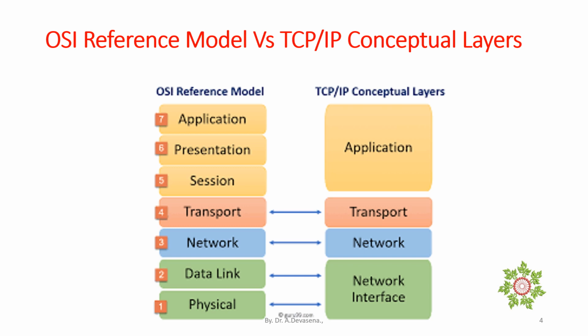Similarly, the network layer in the OSI reference model is analogous to the network layer in TCP/IP. The transport layer in the OSI reference model is analogous to the transport layer in TCP/IP, and the session layer, presentation layer, and application layer in the OSI reference model are analogous to the application layer in TCP/IP. This is represented in this diagram.